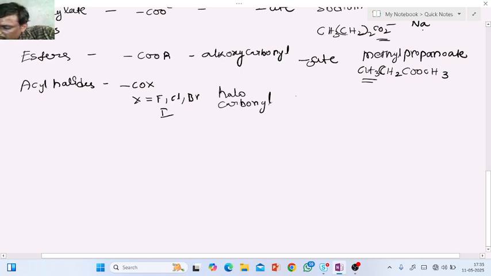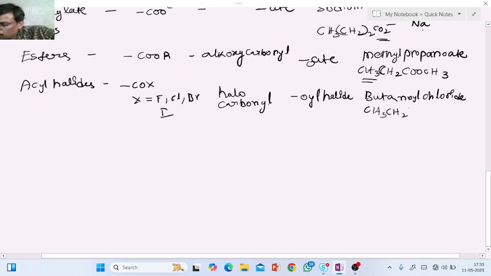And what will be the suffix? -oyl halide can be taken as the best example. And butanoyl chloride, so here you can take the example. CH3 CH2 twice, and COCl can be taken as the best example for butanoyl chloride.